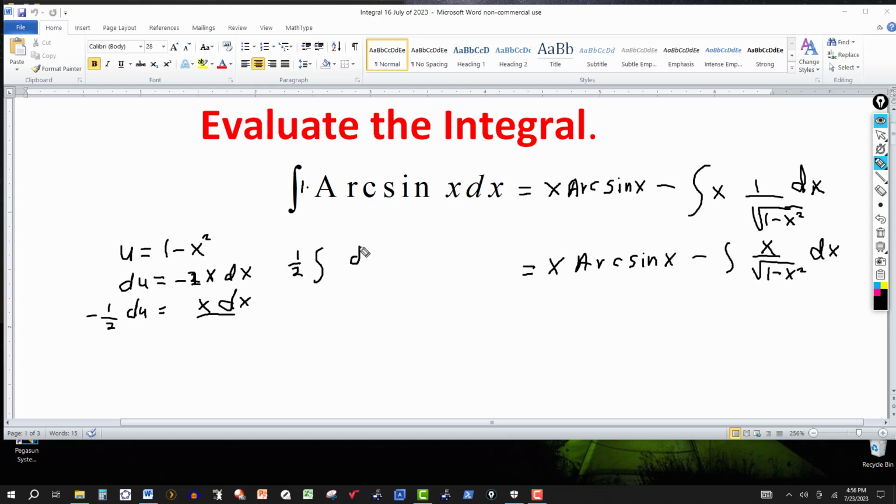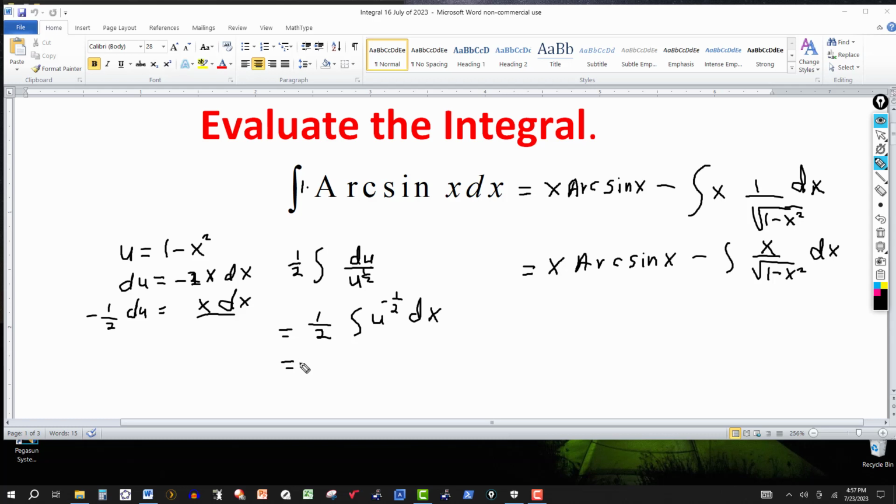And then this would just be a du, and then 1 minus x squared is u, so this would be the square root of u. I write it to the 1/2. And I'll take that to the numerator, change the sign to a negative 1/2 for that exponent.